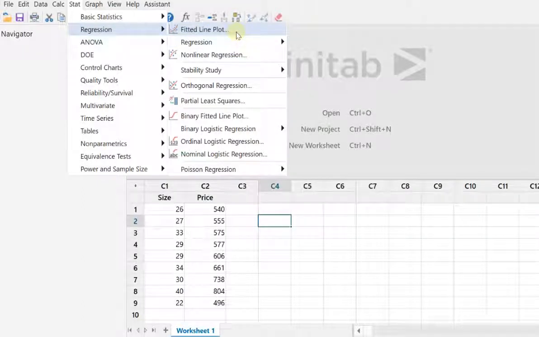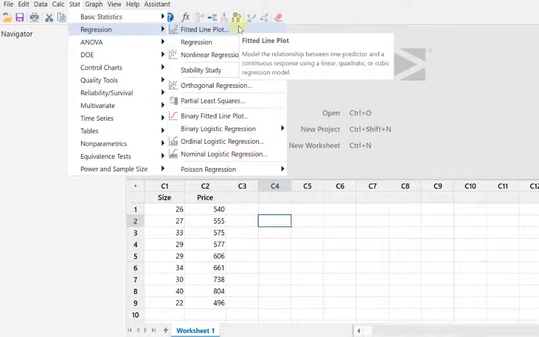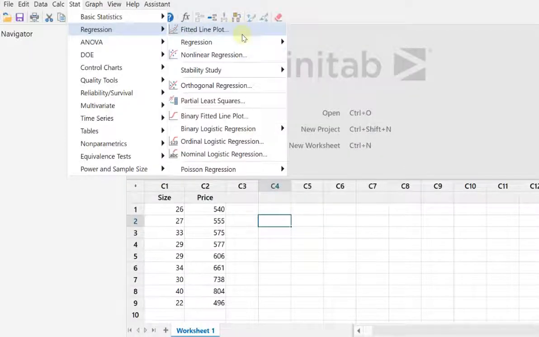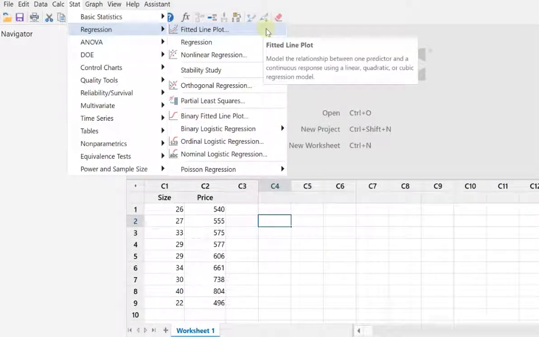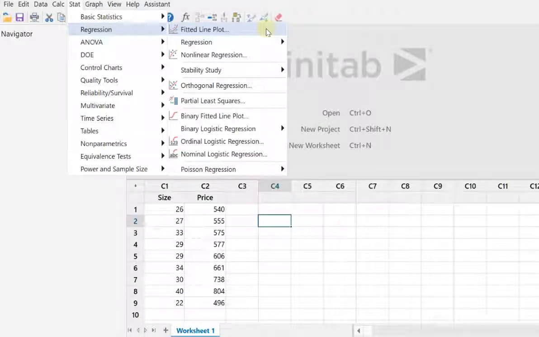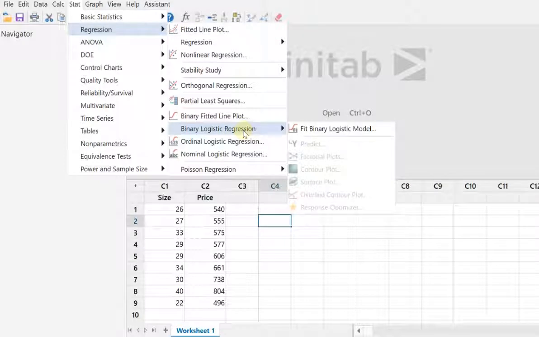Now notice I mentioned that we can actually do regression for both quantitative and qualitative, right? But this description says predictor and a continuous response. Well, continuous suggests that y must be quantitative. However, we can actually do what's called binary logistic regression.